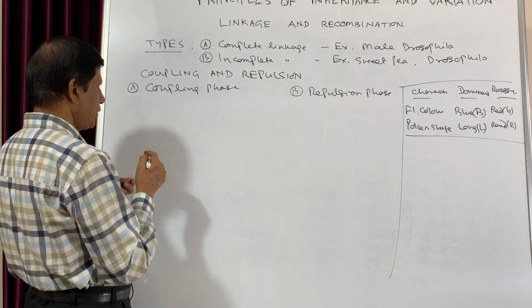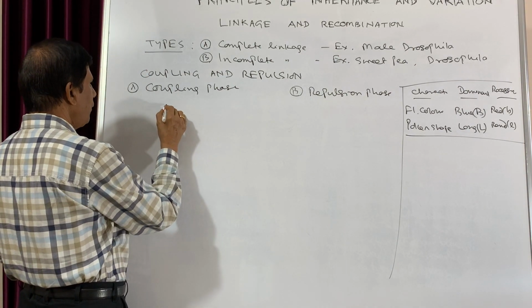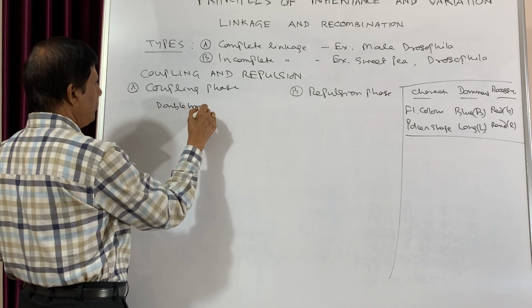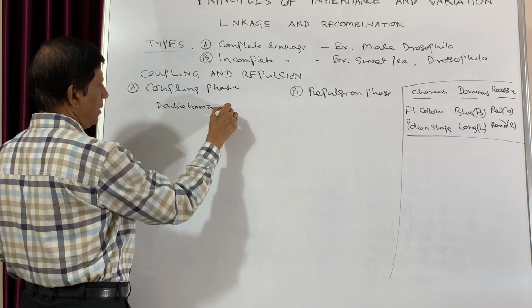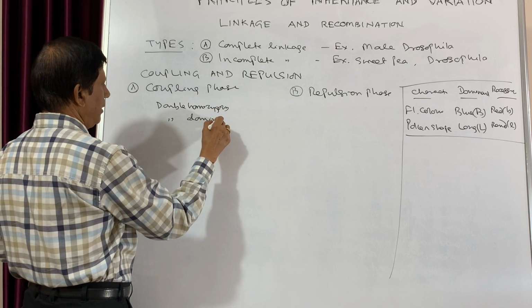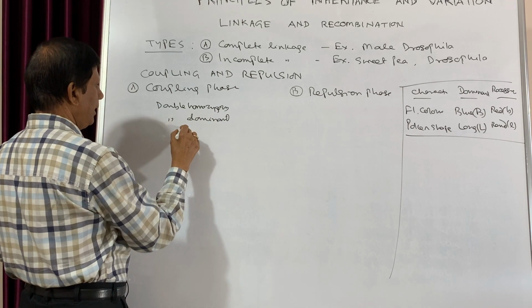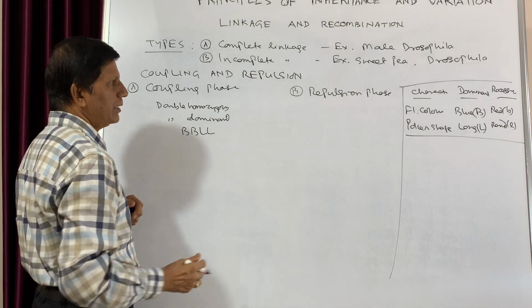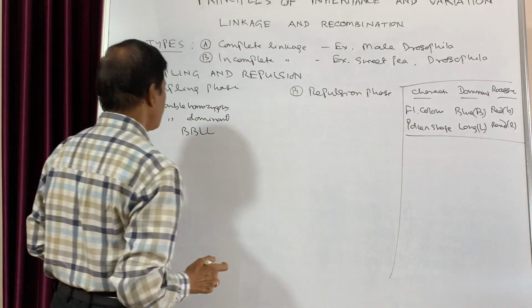In one of the crosses, he took a double homozygous, double dominant, for example capital B, capital B, capital L, capital L, for these two characters.